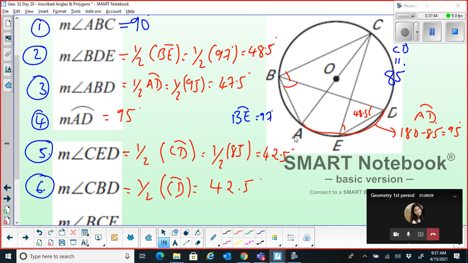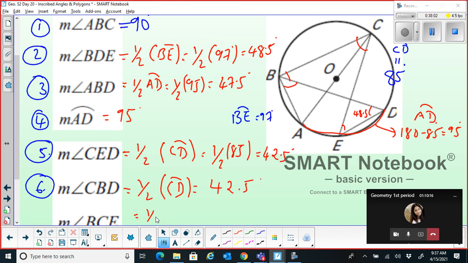For finding BCE, I should know the measure of arc BE, which I already have, right? They have already given 97. This corresponds to half of arc BE.